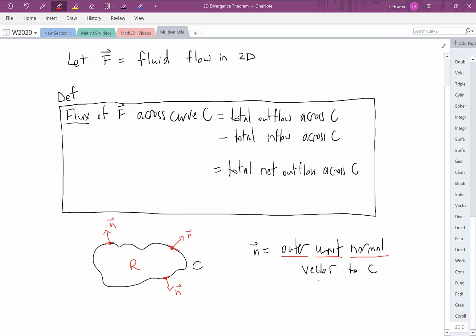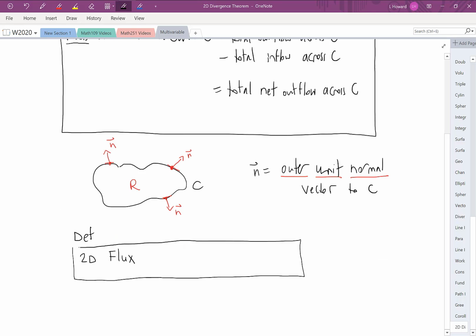And with that, now we can write down a mathematical definition for the flux of F across our curve C. So we're going to call this the two-dimensional flux. I want to emphasize that it's in 2D because we will see 3-dimensional flux in a later video. And we're going to use the symbol capital Phi for flux. So there we go.